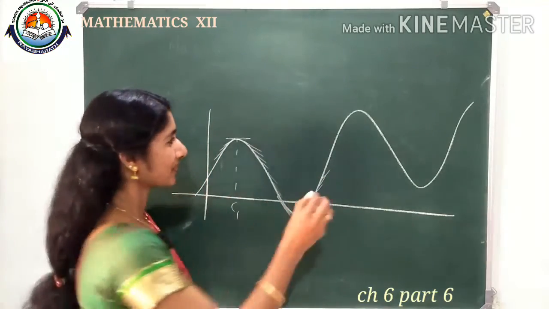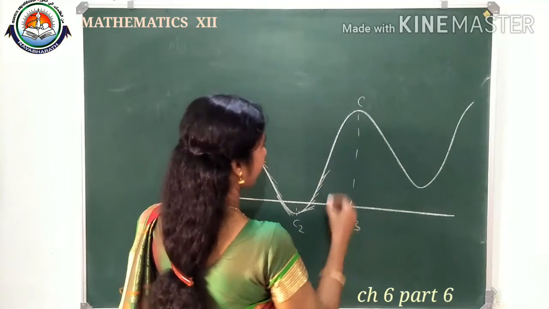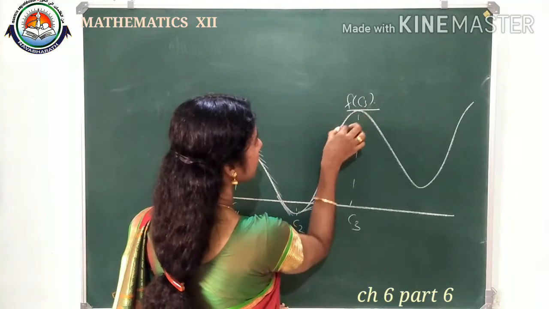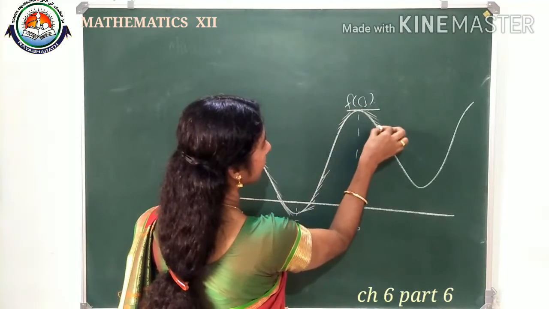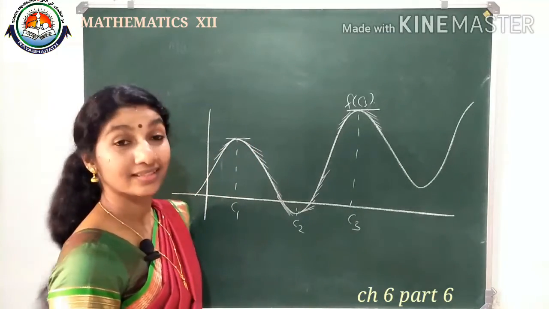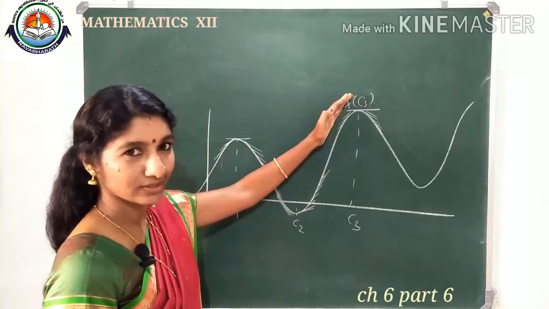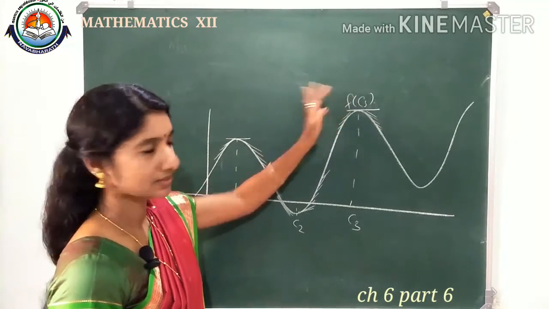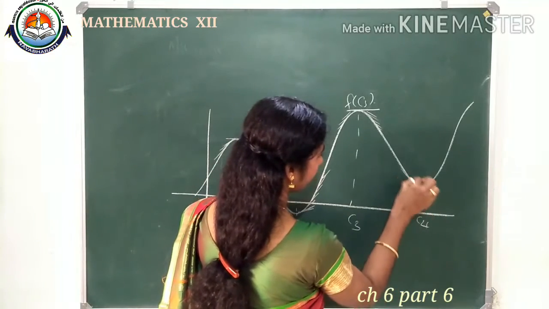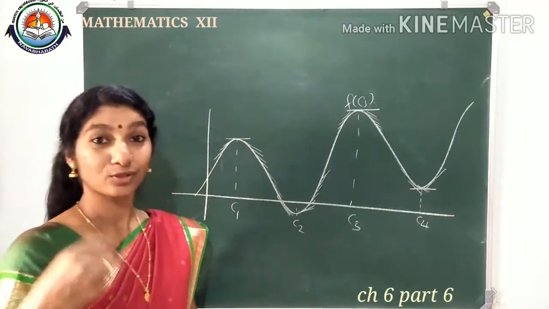And what about this point when it is a local maxima, f of C3 is a local maxima. On its left side and right side the tangents are above the curve, on the upper part. And when it is a local minima, what we are getting is that it's coming below the curve. You can think like that also.